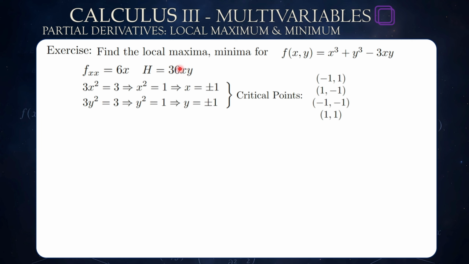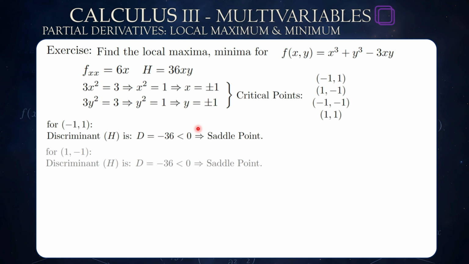So for (-1, 1), the discriminant D is equal to minus 36, okay, 36 times minus 1 times 1. It is less than 0, so it is a saddle point. There's no maximum or minimum. For (1, -1), D is equal also to minus 36, so it is a saddle point.